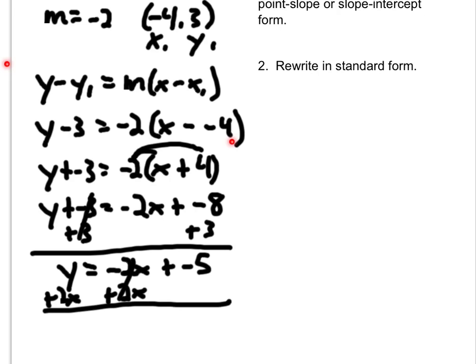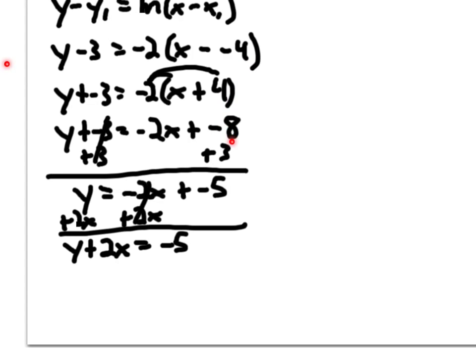And these cancel and leave me with y plus 2x equals negative 5. And the last thing I need to do is flip-flop the x and the y, so it's in ax plus by equals c form. So we get 2x plus y equals negative 5.